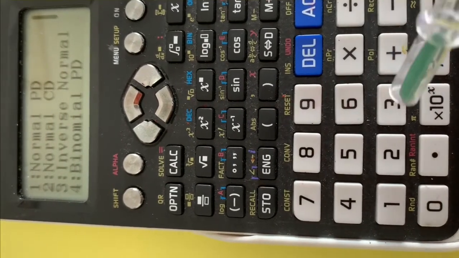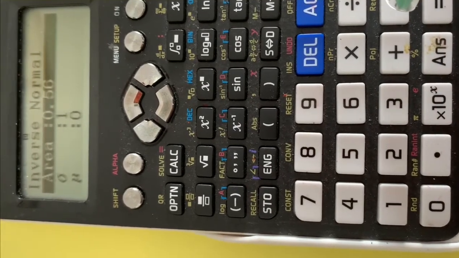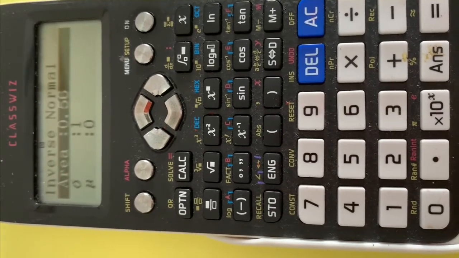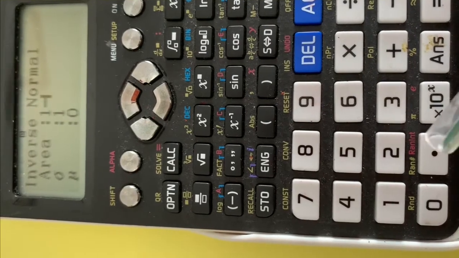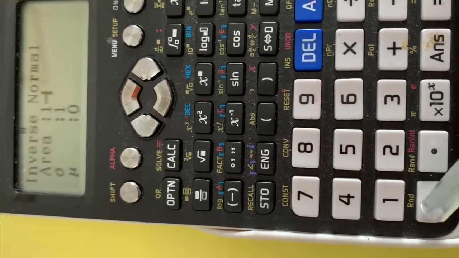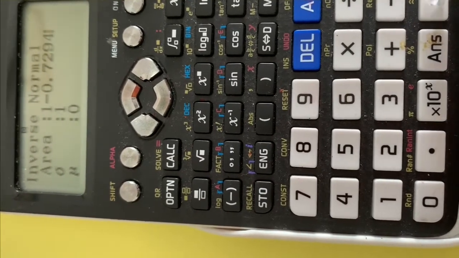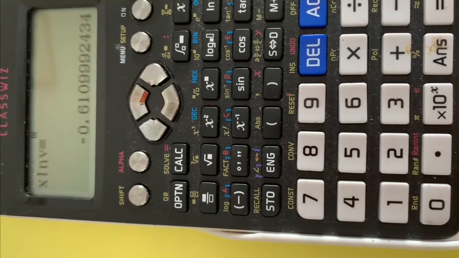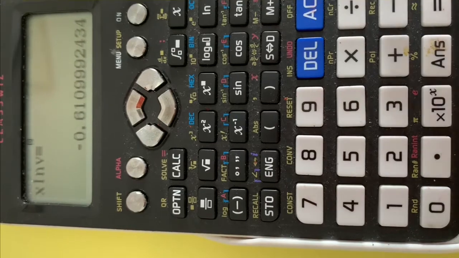Alright, now we key in another figure. We key in another area. I key in 1 minus 0.7204, and I will get the z-score, which is 0.6109.